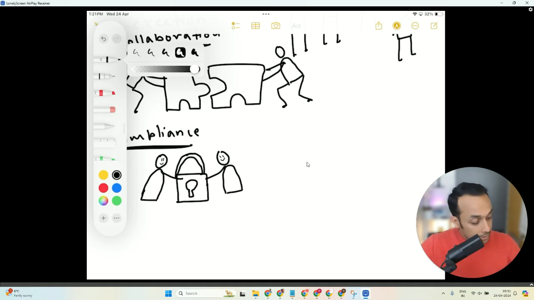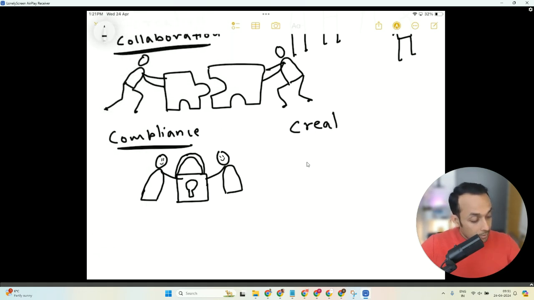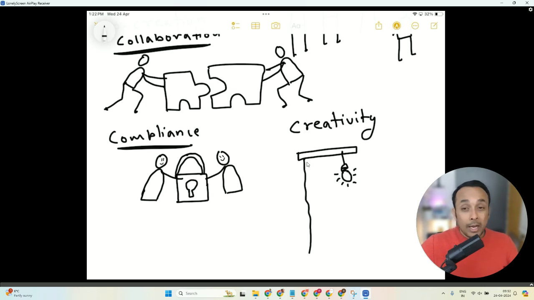Can we draw creativity? Creativity. So creativity is when, let's say, this guy is having a bulb, an idea which is glowing. And how did this idea come? I'm just representing a situation in which this guy is pulling a lever and then which switches on the bulb.